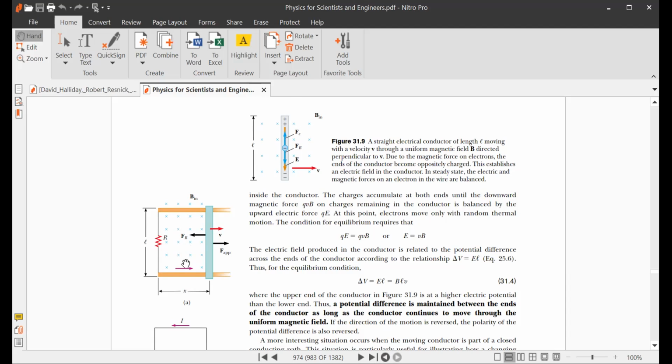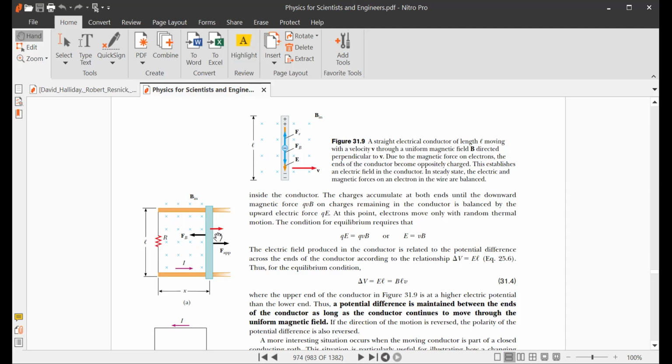For example, if we have a resistance and a loop here, then there is a conducting rod, and we pull the conducting rod with velocity v.